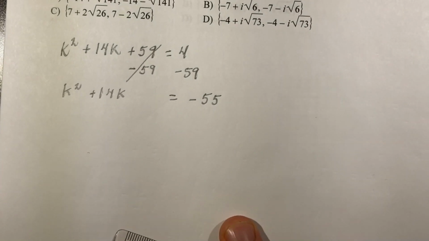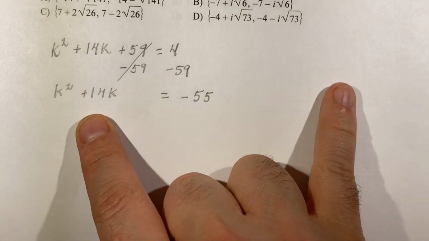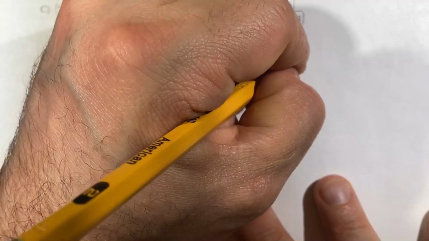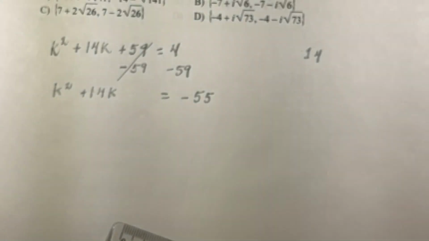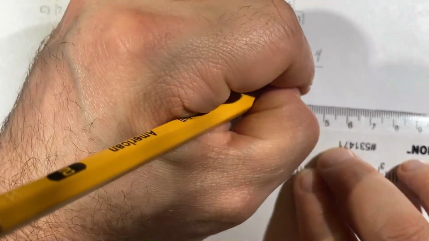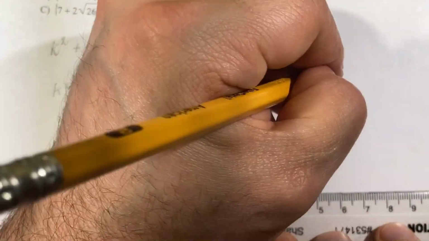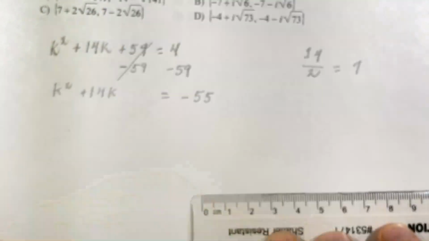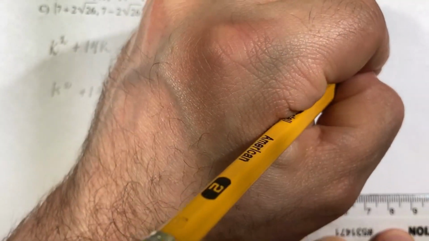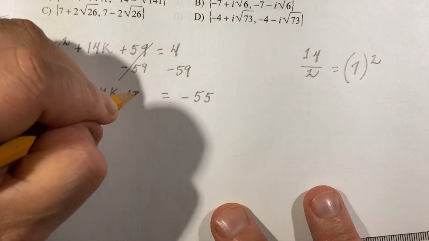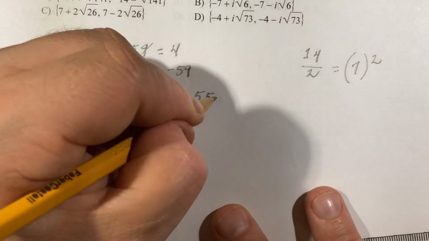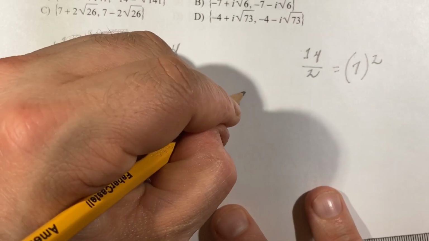Okay, and so now remember we take half the middle coefficient and we square it. So over here in side work we'll take 14 and we'll divide by 2 and we get 7. Okay, and then we square 7. 7 squared. So we can just write plus 7 squared plus 7 squared.